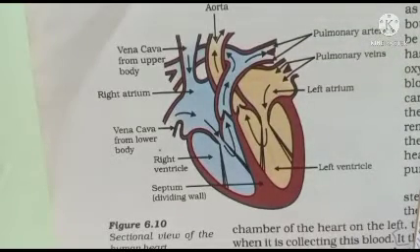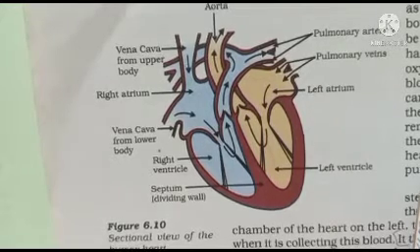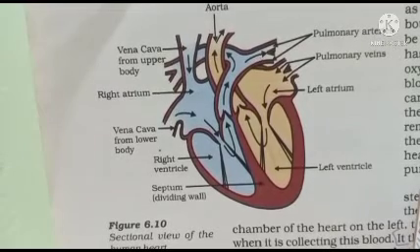That's why it is muscular in origin. And its size is our own fist size. If you close your fingers in your palm, you get the clenched fist. That is the size of our heart, and it is present in between the lungs in our chest cavity.